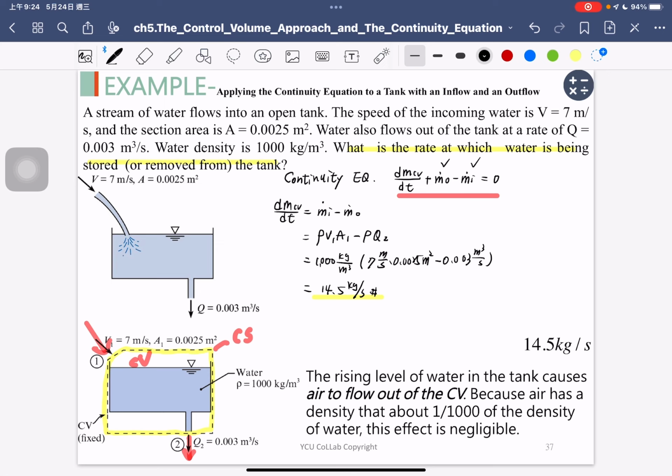But the question we need to answer is whether the water is stored or removed, and at what rate. That indicates we need to answer whether dMCV/dt is positive or negative, right? If dMCV/dt is positive, that indicates the water is stored. If it is negative, the water will decrease. So this is the exercise we have done before.